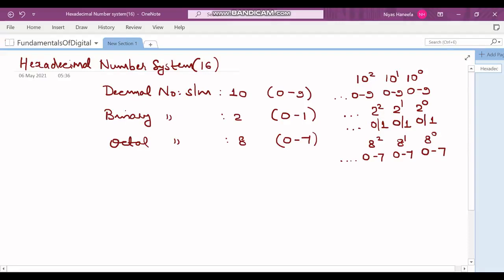So in the case of the hexadecimal number system, the base used is 16.